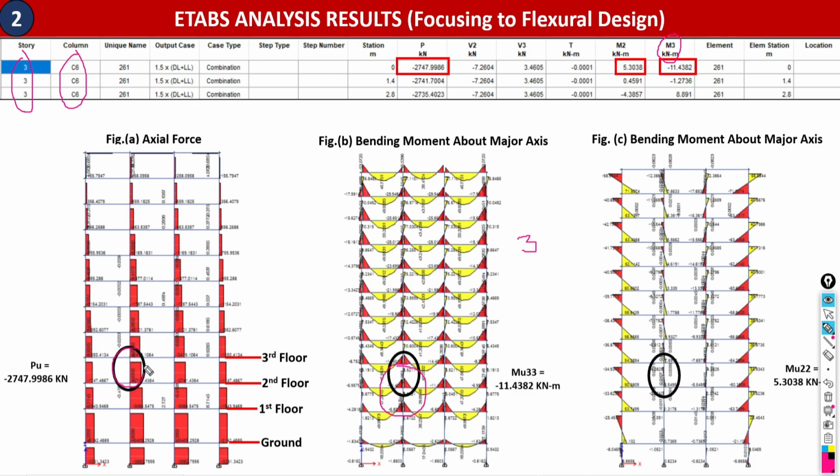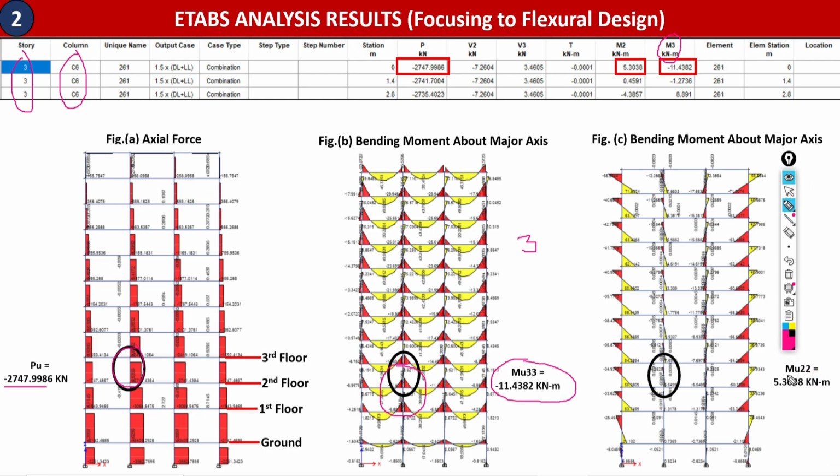This is our proposed column, and the axial load is 2747. The moment about the major axis was 11.4382 kilonewton meter, and the moment about the minor axis 5.3038. These are the analysis values for the axial load and the moments about one axis and the other axis. Hope you all understood.